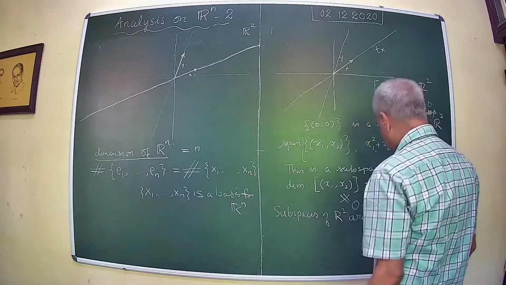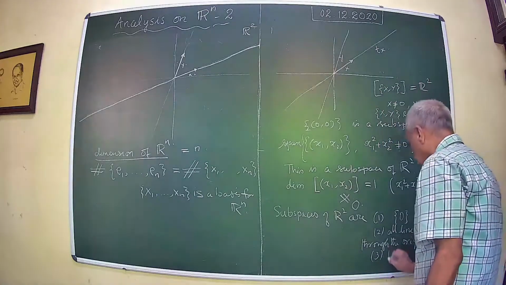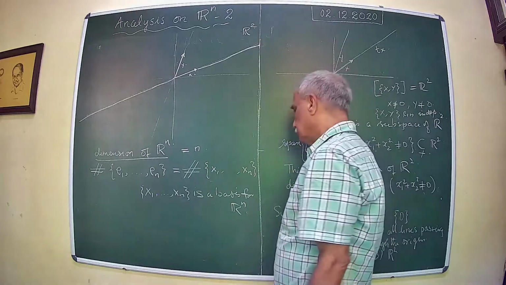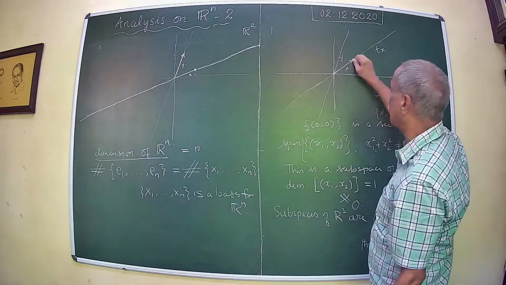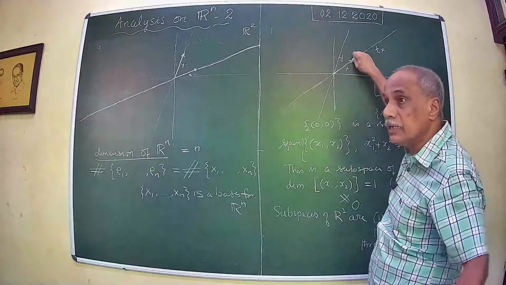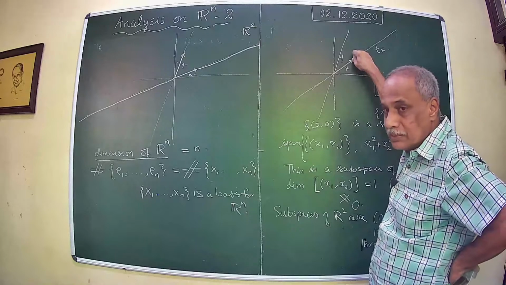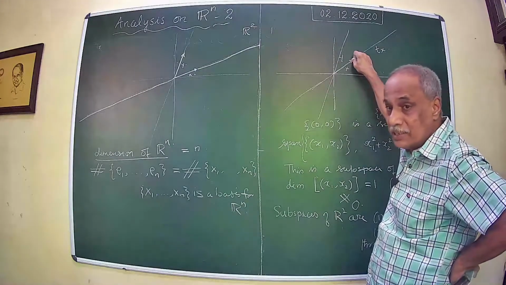Each one is a one-dimensional vector space. 3. Okay. So any line passing through the origin is generated by a non-zero vector, which is linearly independent, a single vector. So it is a basis for that. So that subspace has dimension 1.